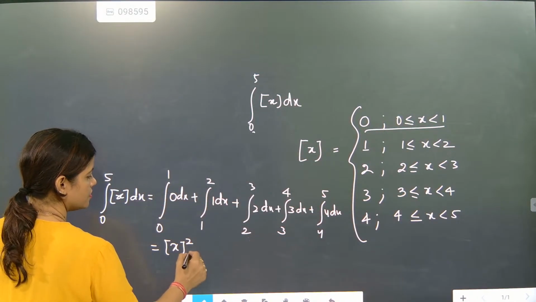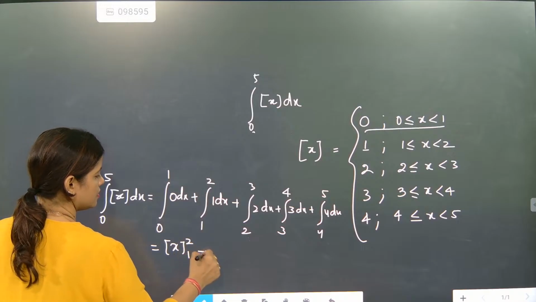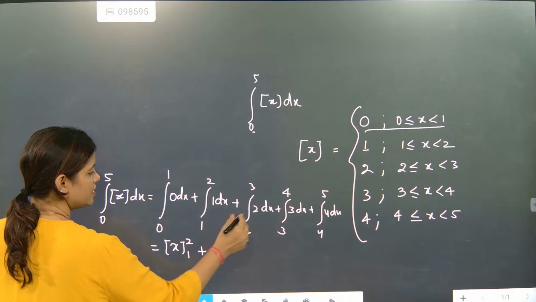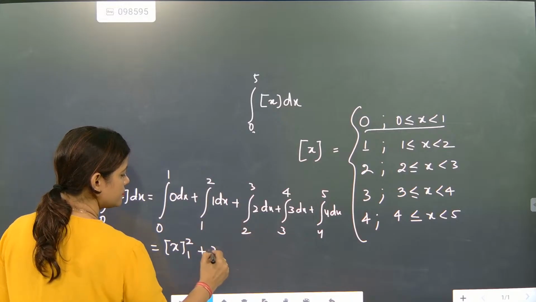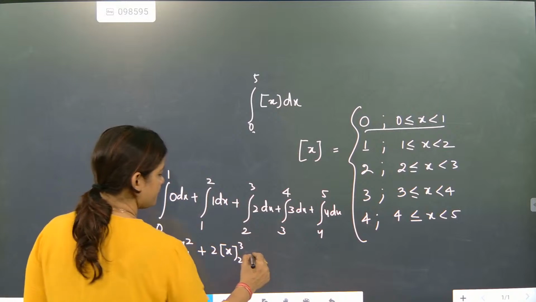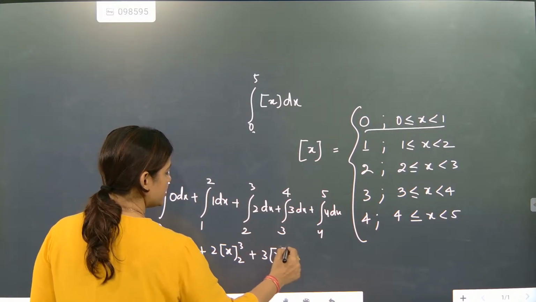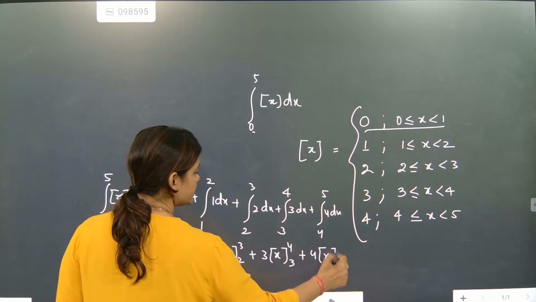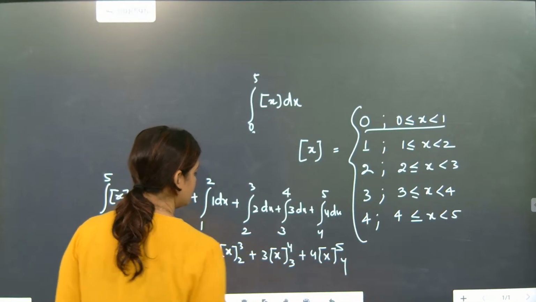This part will become x from 1 to 2, then 2x from 2 to 3, and here it will become 3x from 3 to 4, and then here it will become 4x from 4 to 5.